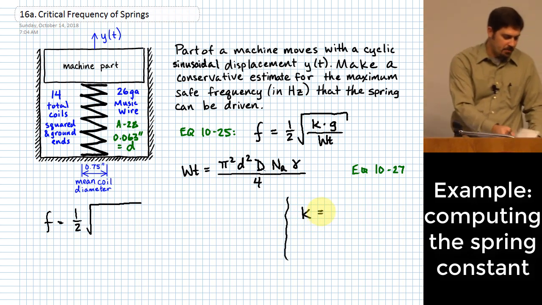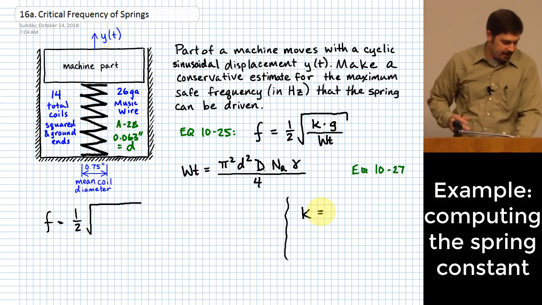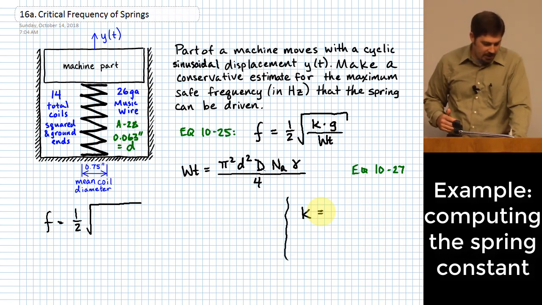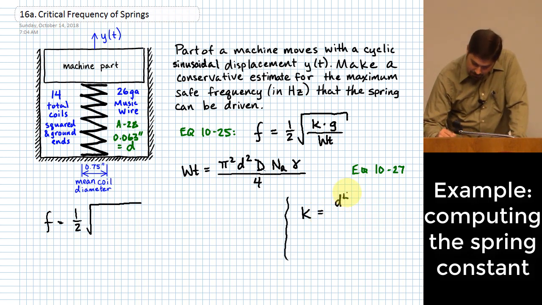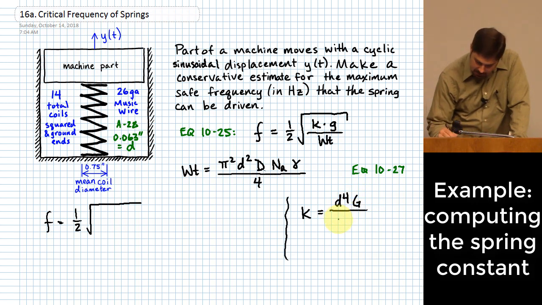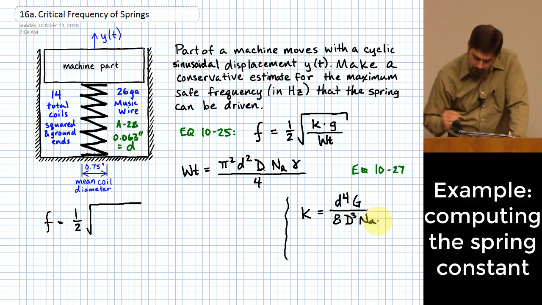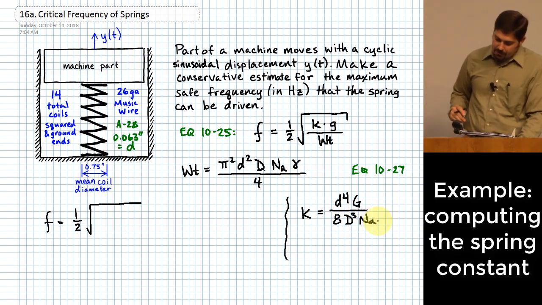Okay, same equation we've been using for the last couple of lectures. It's equation 10-9. Equation 10-9 says d to the 4th G over 8 D cubed N, where the D in the denominator is the coil diameter, and the d in the numerator is the wire diameter.